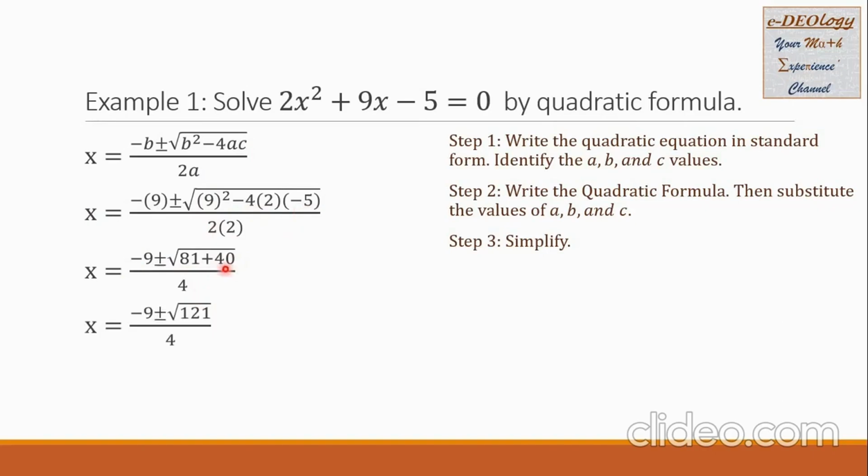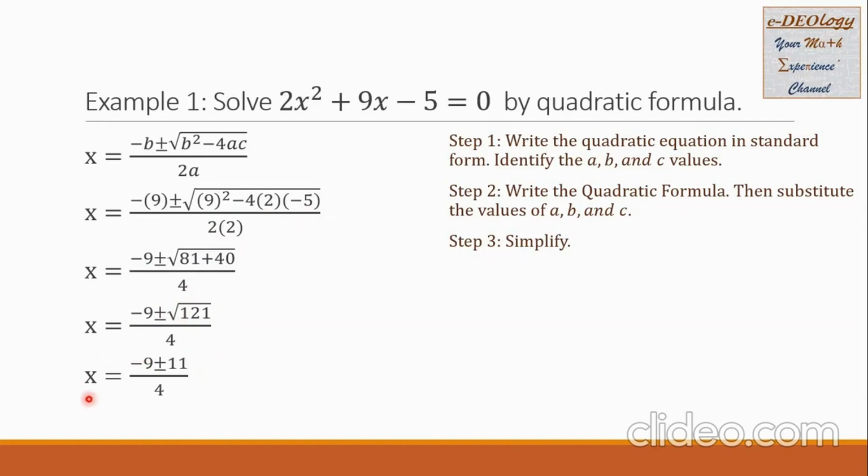Then we simplify the radicand. The 81 plus 40 is 121. We just copy the -9, the plus or minus sign, and the denominator 4. On the next step, we need to simplify this square root of 121, and that is 11.